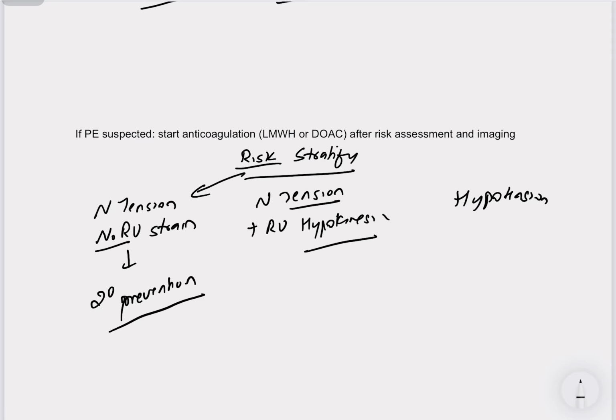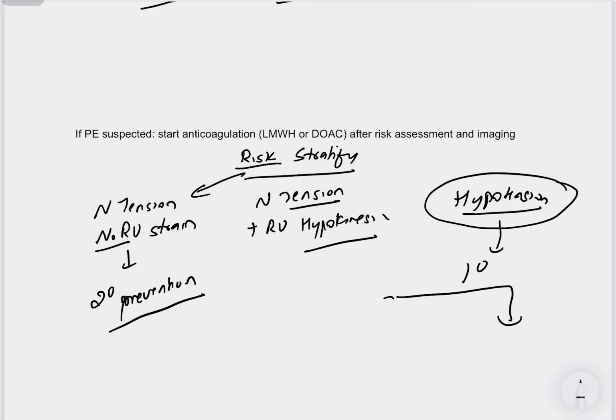If our patient is hypotensive, then we have to give primary therapy. Primary therapy is basically two things.